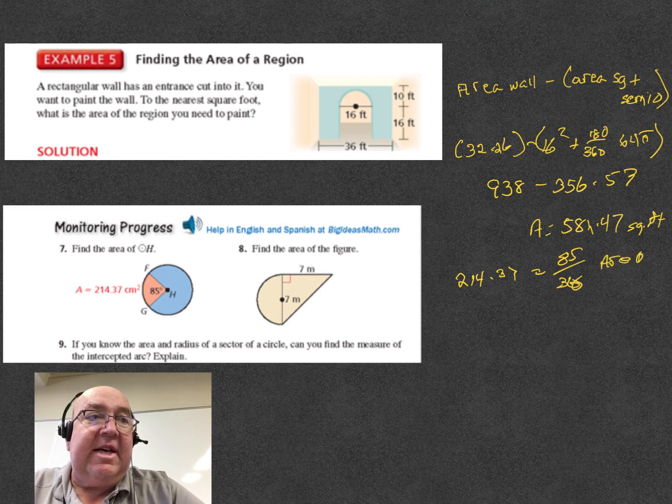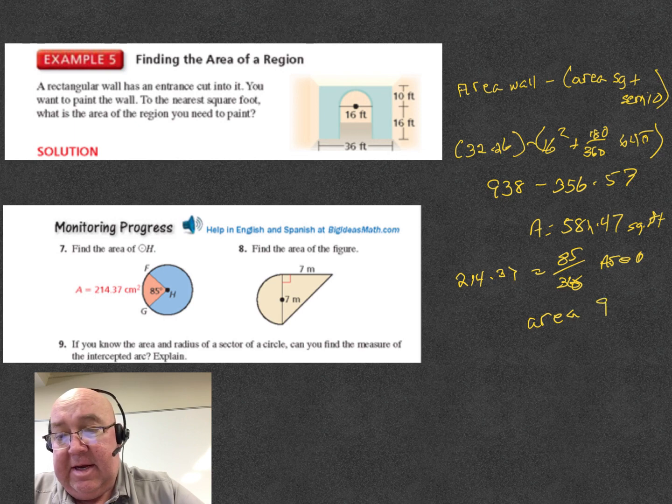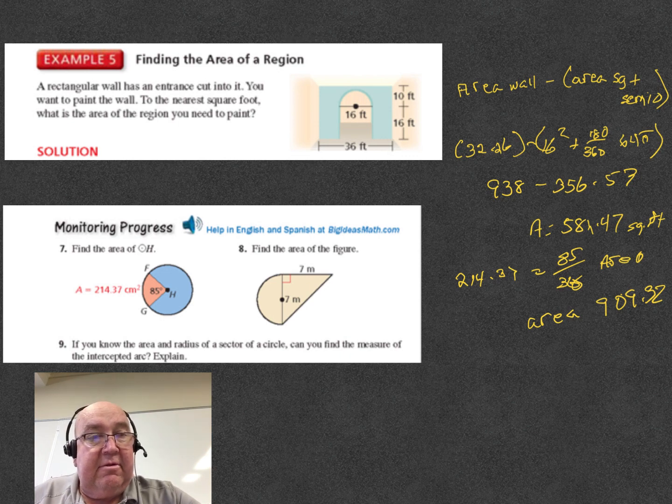We'll divide by 85 over 360. We get the area is going to be 909.32.